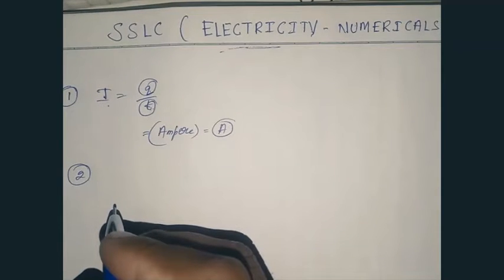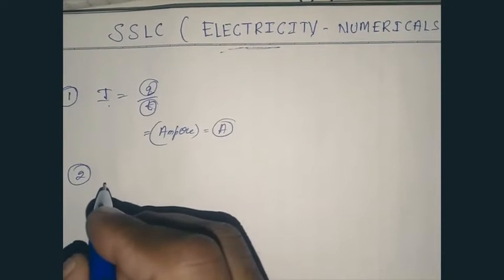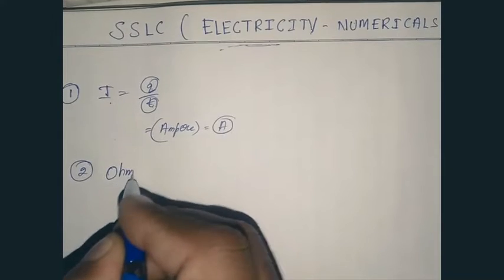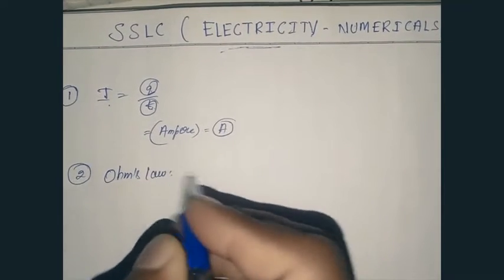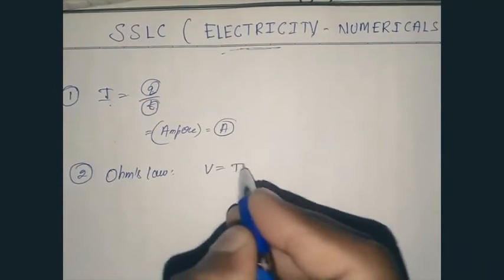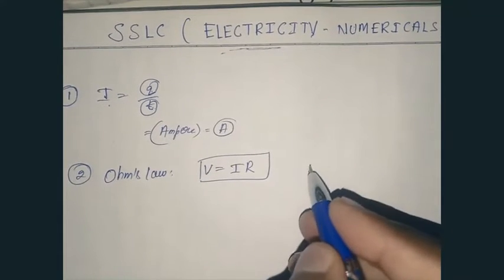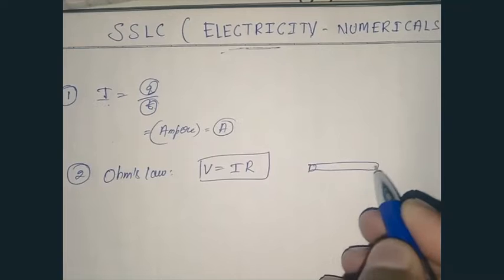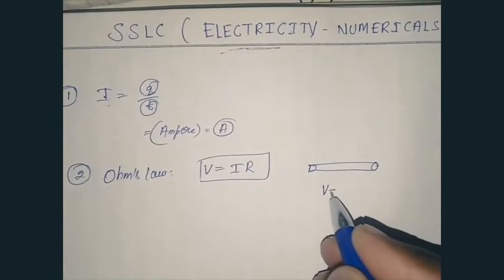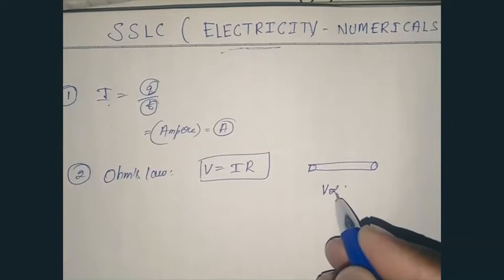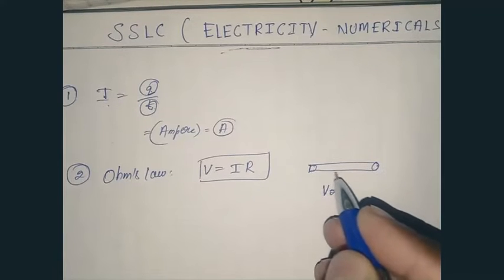Now, if we move to the next part, we'll come across Ohm's law, which is given by V is equal to IR. What does this mean? Whenever there is a conductor, the potential difference is directly proportional to the current flowing through the conductor.